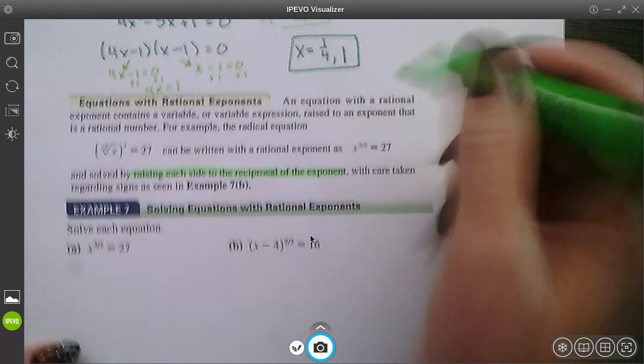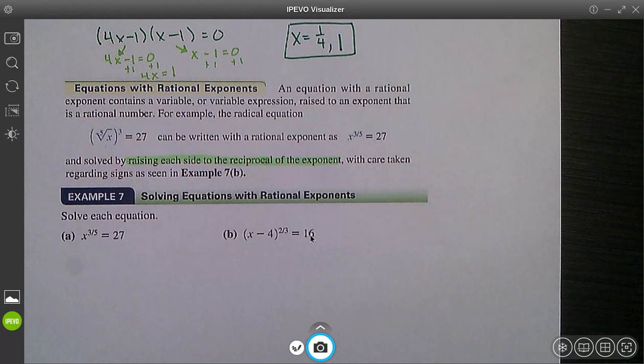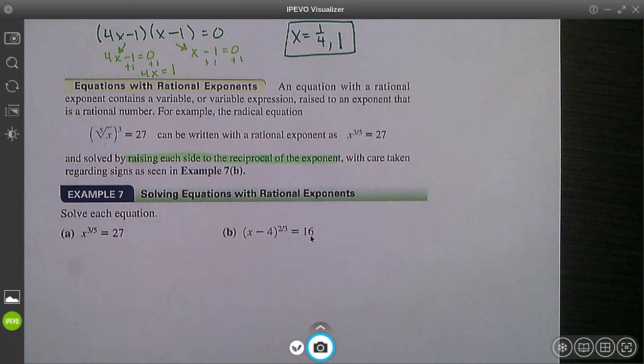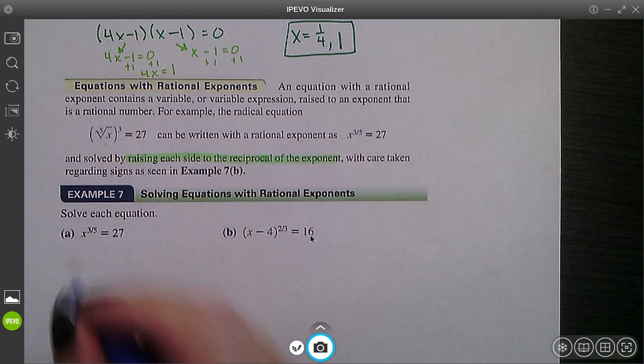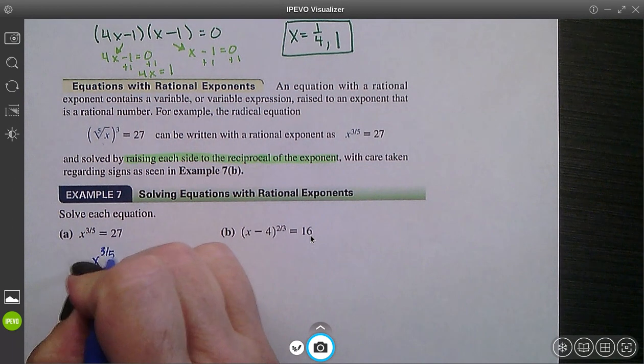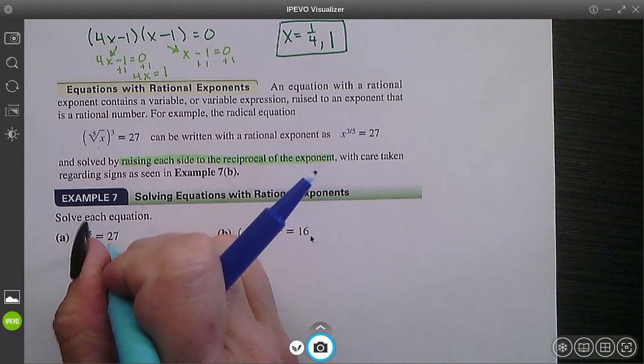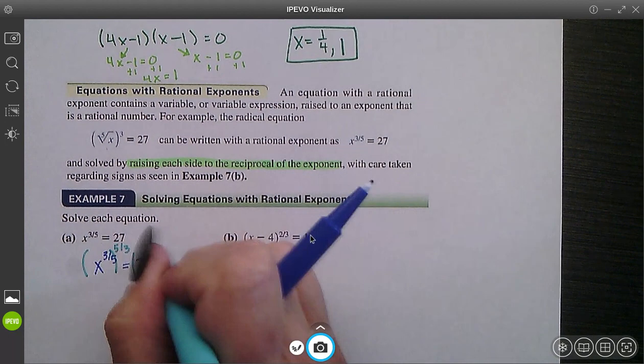So, an equation with rational exponents: raise each side to the reciprocal of the exponent. Here I have x to the 3/5 equals 27. So I will raise both sides of this to the power of 5/3.